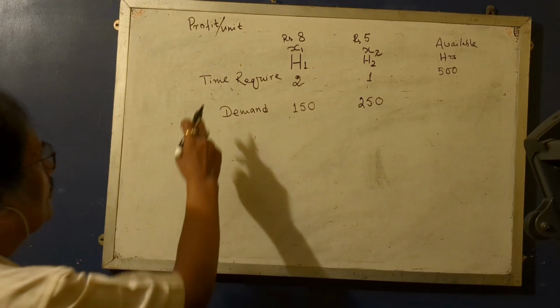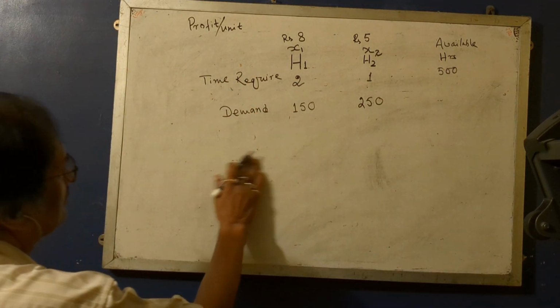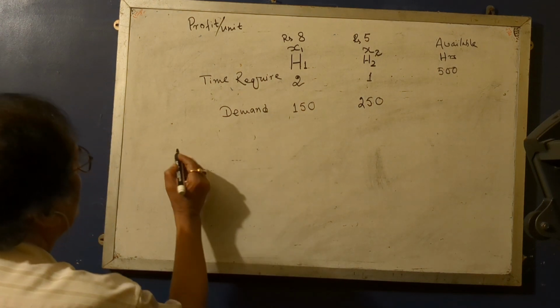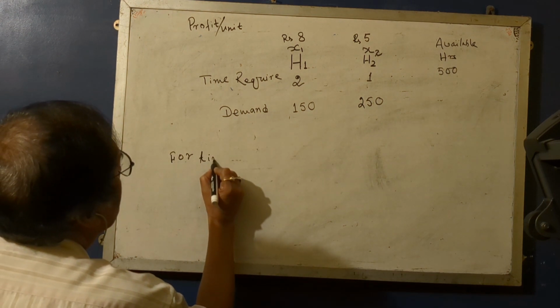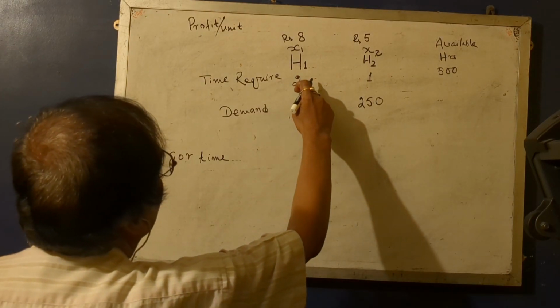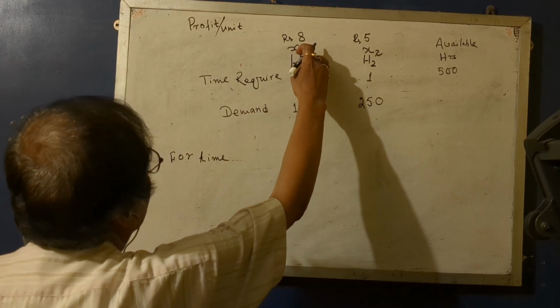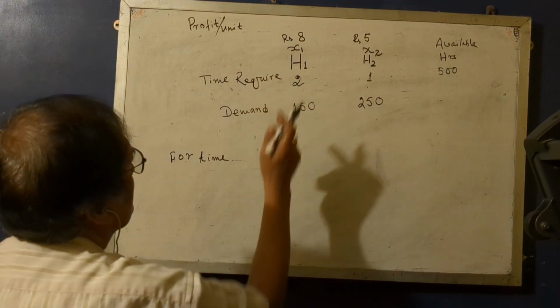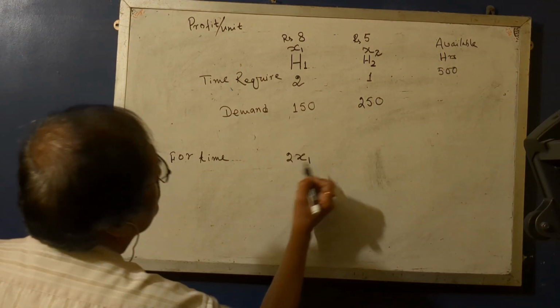Okay. So for the time constraint, what will be the limitation for time? If you produce 1 unit, then 2 hours will be required. Now you are assuming that you will produce x1 units. That's why the total time required is 2x1.